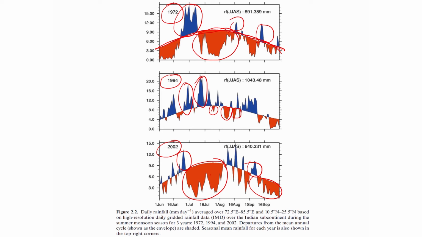So a normal year or a wet year typically tends to have more active spells or active periods. A drought year, like during an El Nino year, tends to have longer and more break periods.